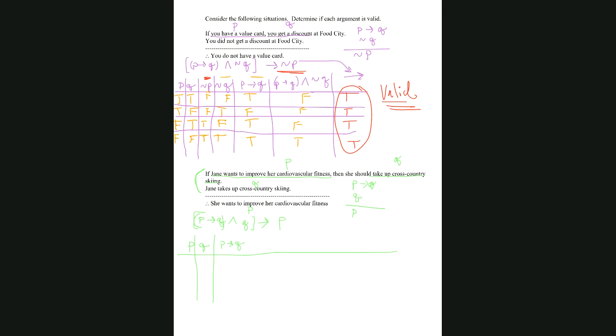Then let's see, we have if P then Q and Q. And then the last one we have is the conditional statement. And I'm just going to draw that arrow there so we don't have to rewrite all of that in this last column.